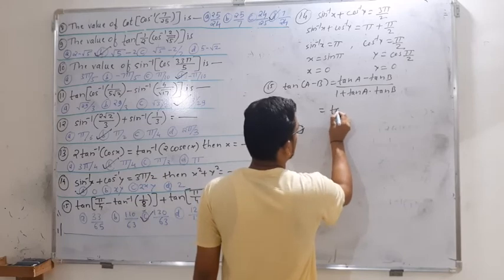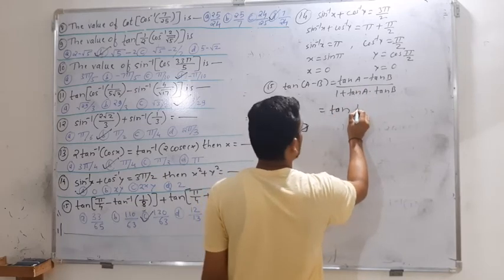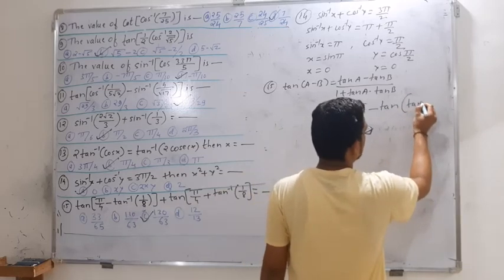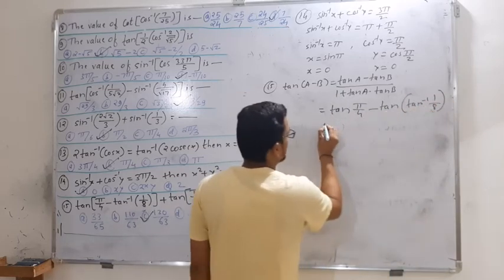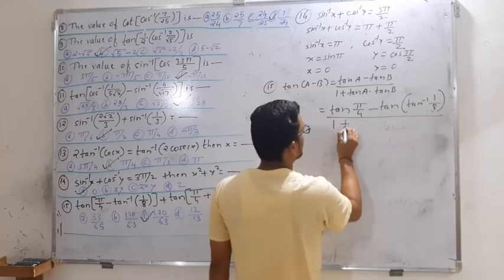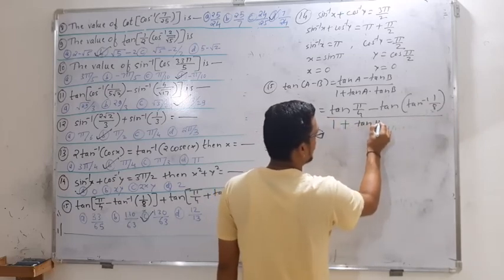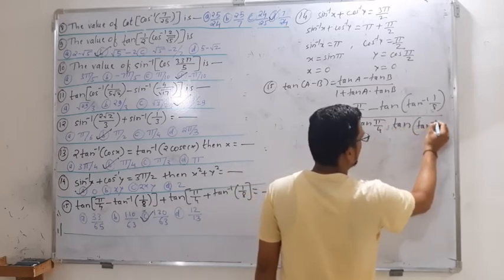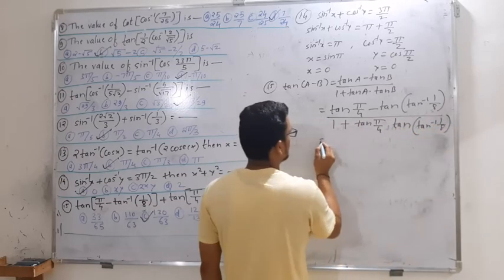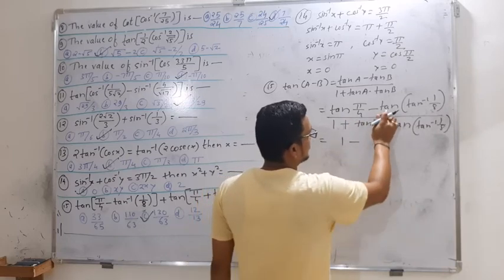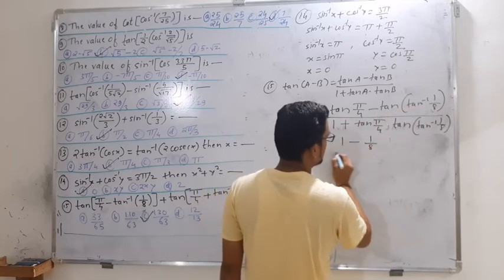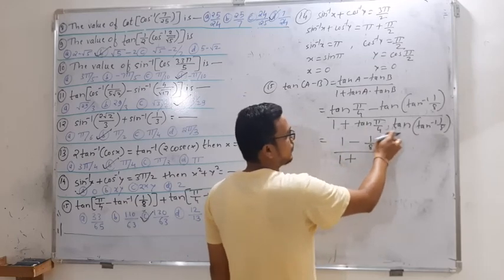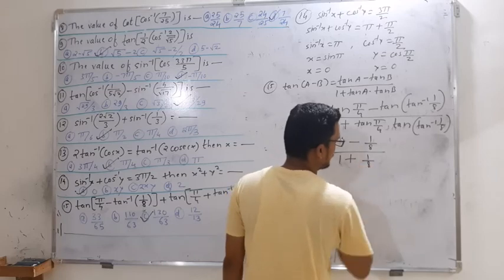Tan A is tan pi by 4, minus tan of B. B is tan inverse of 1 by 8, divided by 1 plus tan pi by 4 into tan inverse of 1 by 8. So here tan pi by 4 is 1, minus, tan inverse gets cancelled, the answer is 1 by 8. 1 plus 1 into 1 by 8.